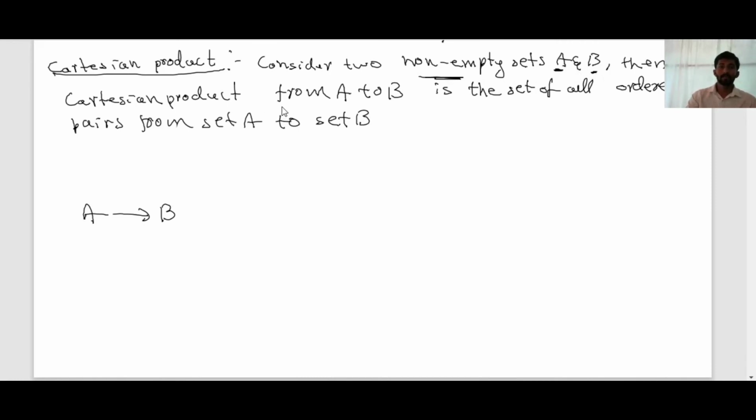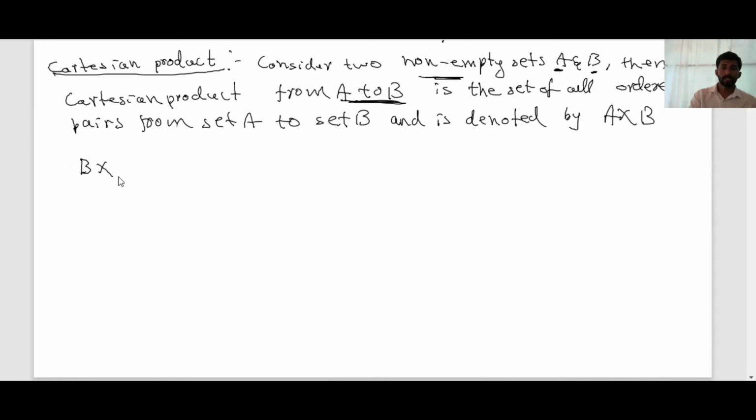Then the Cartesian product from A to B is the set of all ordered pairs from set A to set B, and is denoted by A cross B. We read it as A cross B. The meaning of A cross B is the Cartesian product of A to B. Suppose I am writing B cross A. What's the meaning of B cross A then?